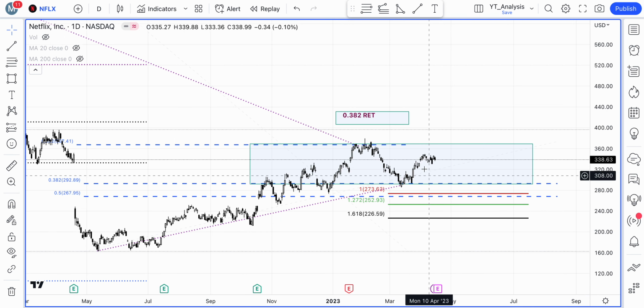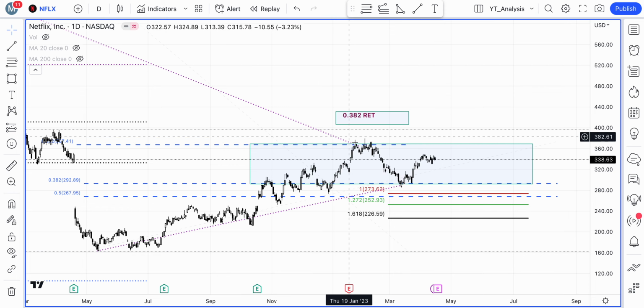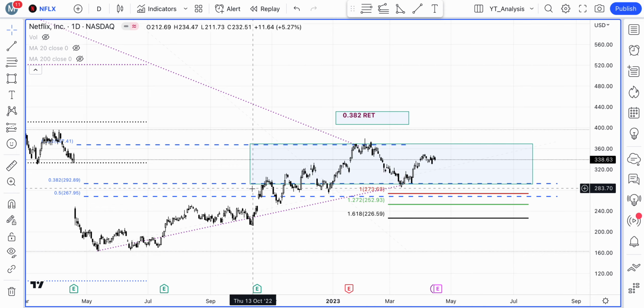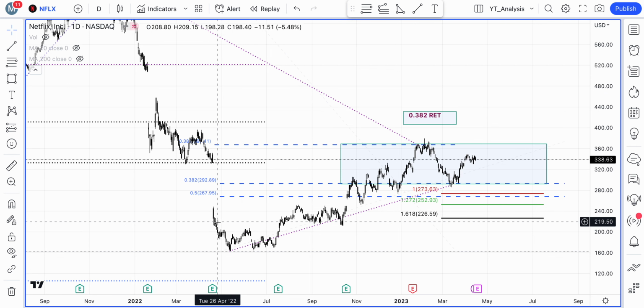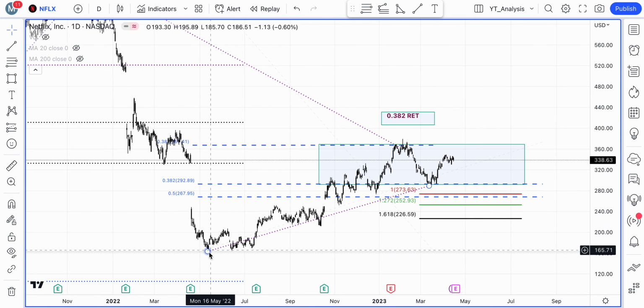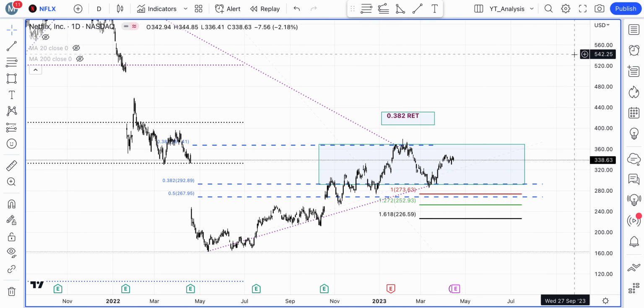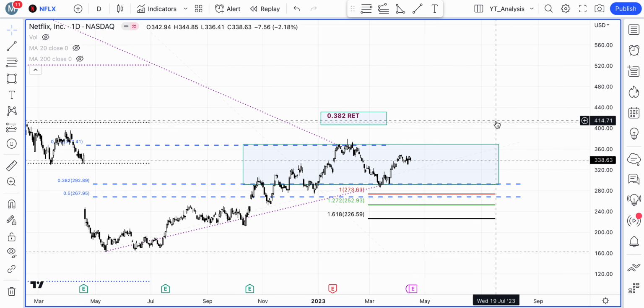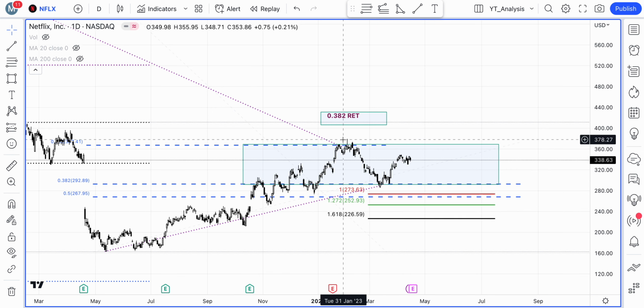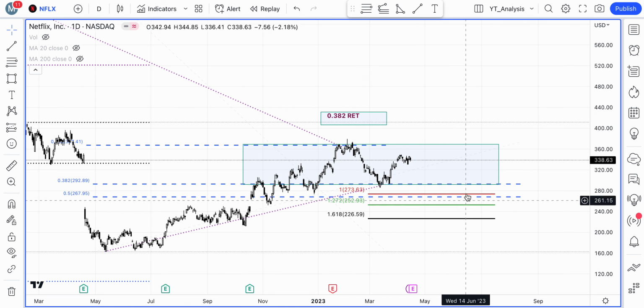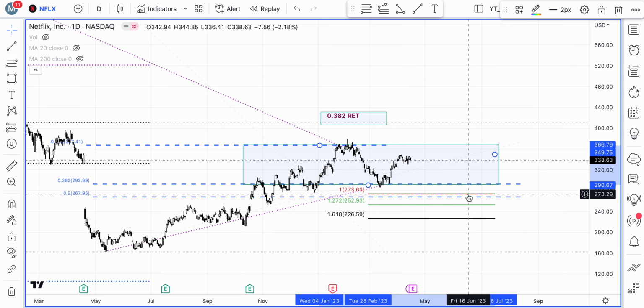The two possibilities are, if it breaks out of this range to the upside, then the pattern formation we will begin to look at is that A, B, C, D one-to-one projection, which can take the stock much higher. The other possibility is that it might find resistance, as it has already done. It might be moving in a one-to-one A, B, C, D formation right here towards the $275 to roughly $270 per share level.